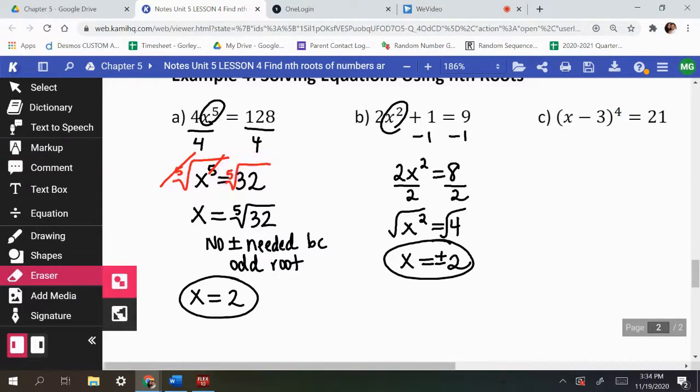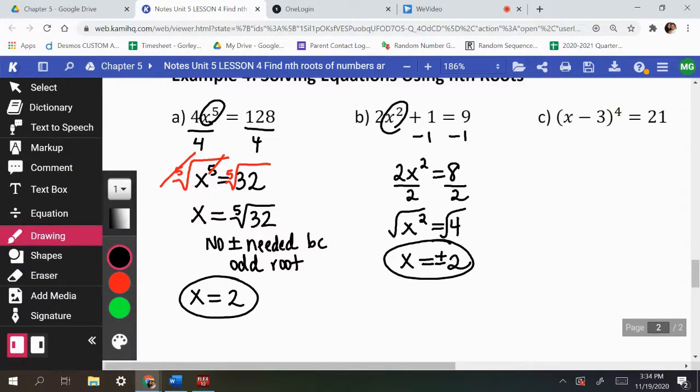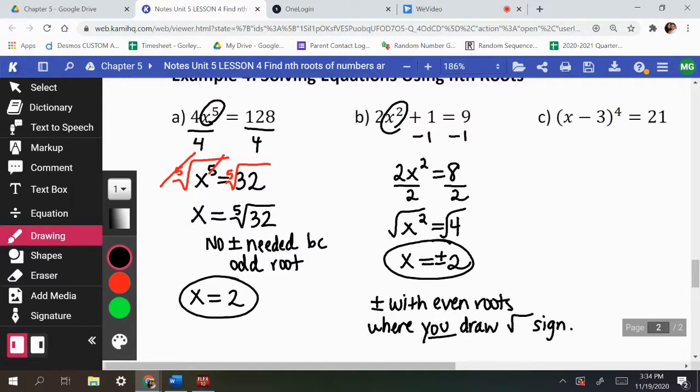You only need to put plus or minus if you've got an even root and you're drawing in that symbol yourself. Plus or minus with even roots where you draw the radical sign or the radical symbol.